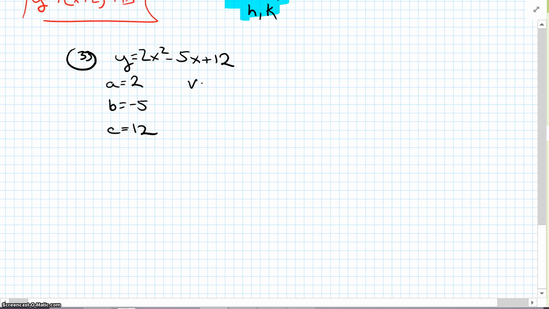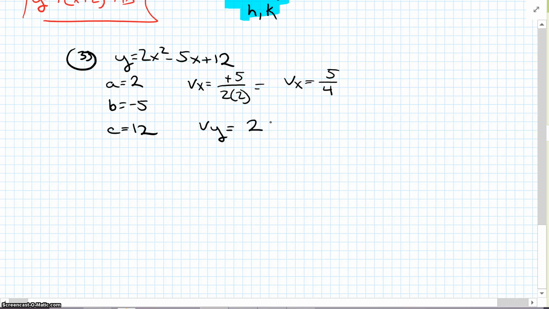The vertex of x is negative b, so it's going to be positive 5 over 2a. So my vertex of x is going to be 5 over 4. So I got to find the vertex at y.